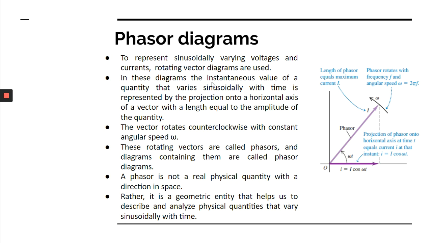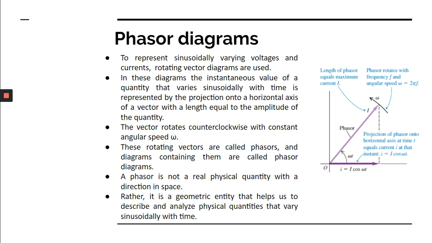In these diagrams, the instantaneous value of a quantity that varies sinusoidally with time is represented by the projection onto a horizontal axis of a vector with a length equal to the amplitude of the quantity. Try to understand this. In a phasor diagram we represent the instantaneous value of a quantity.